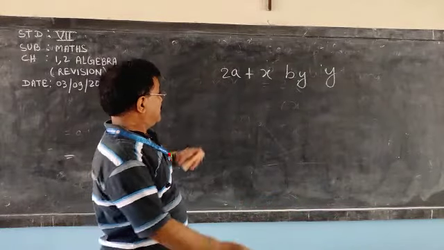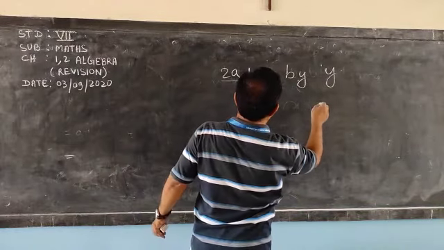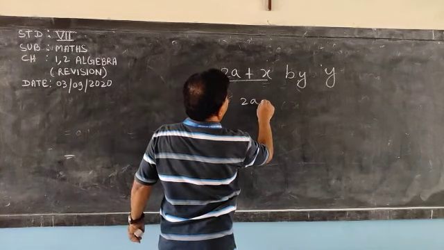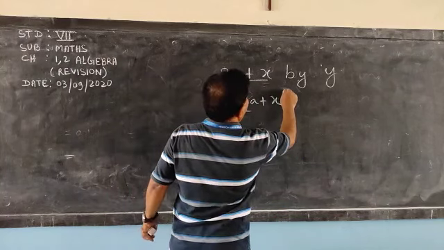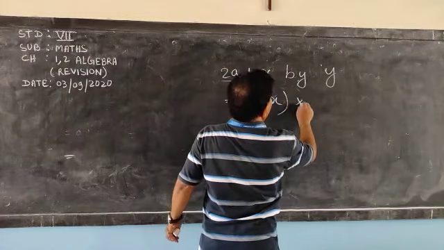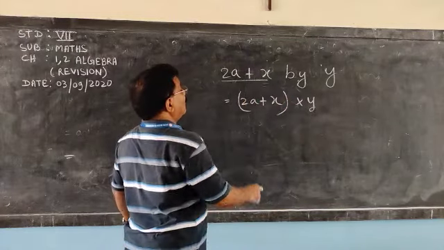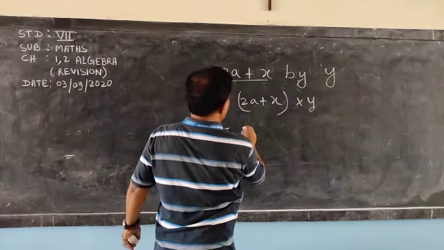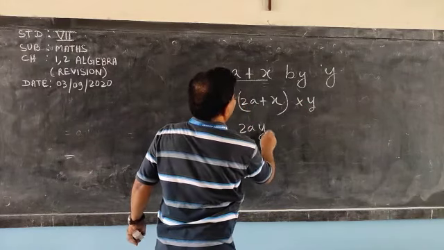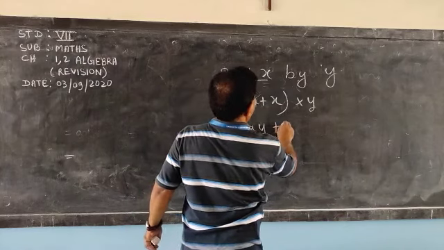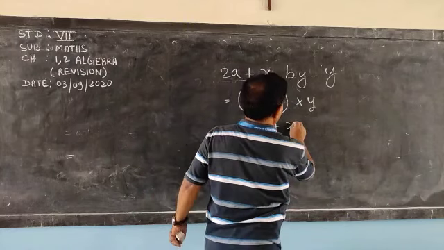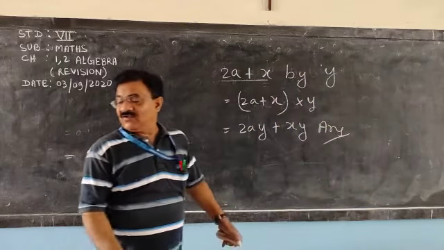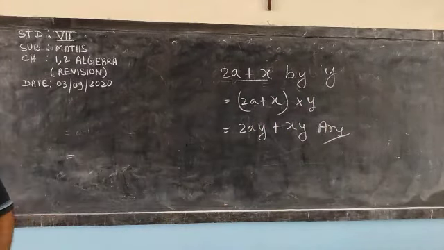See here, this whole is multiplied by y. Better to write 2a plus x in a bracket and into y. Now 2a into y will be what? 2ay, plus sign, x into y, xy, and this is the answer.